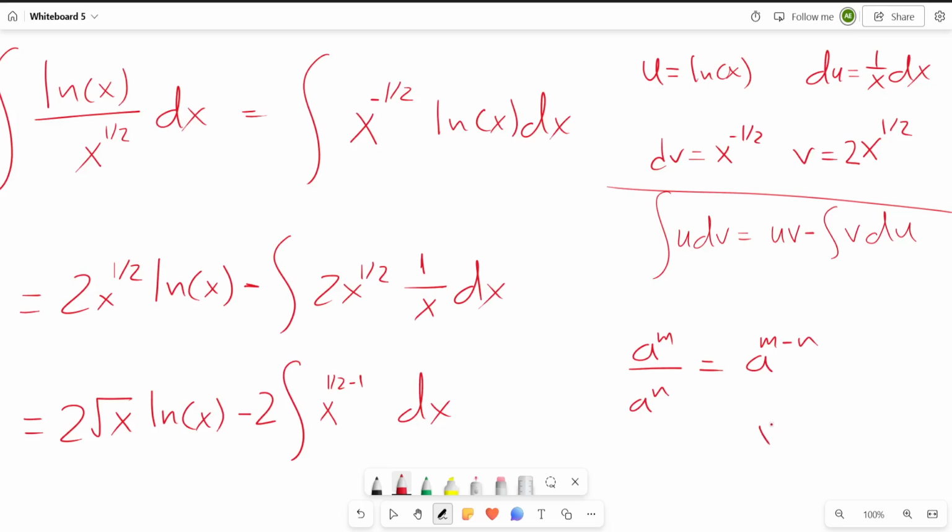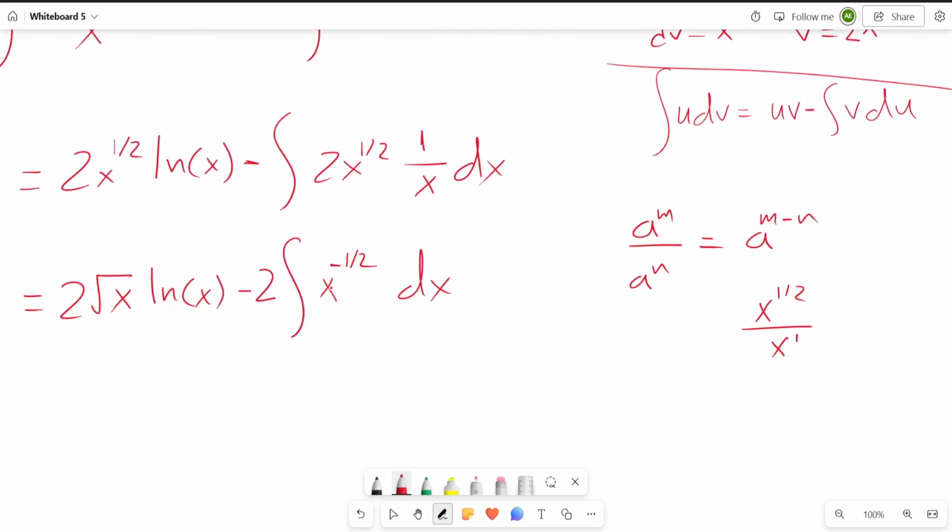Correct? Because it was x power half over x, so it's half minus 1. The power here is 1. And I know that half minus 1 is nothing but negative half, so I can change this to x power negative 1 over 2, and then I can perform my integration over here using the integration power rule.